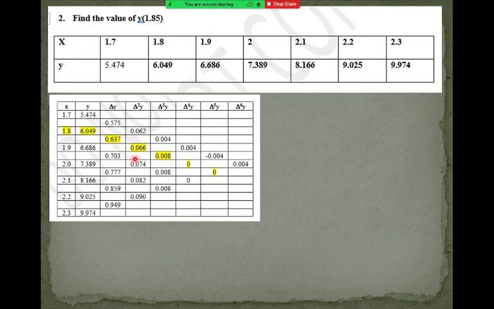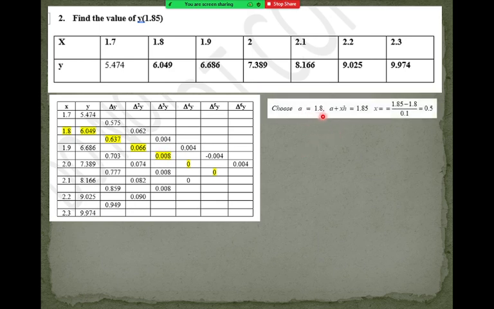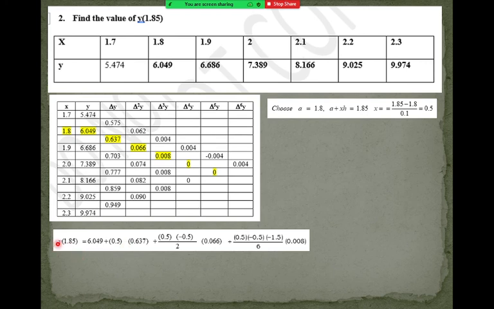You already told me a should be 1.8, a plus xh is 1.85, x is 0.5 there. So this is by the forward interpolation formula. I have written the answer directly here. Don't forget to write the formula in the exam. You should start with the formula.